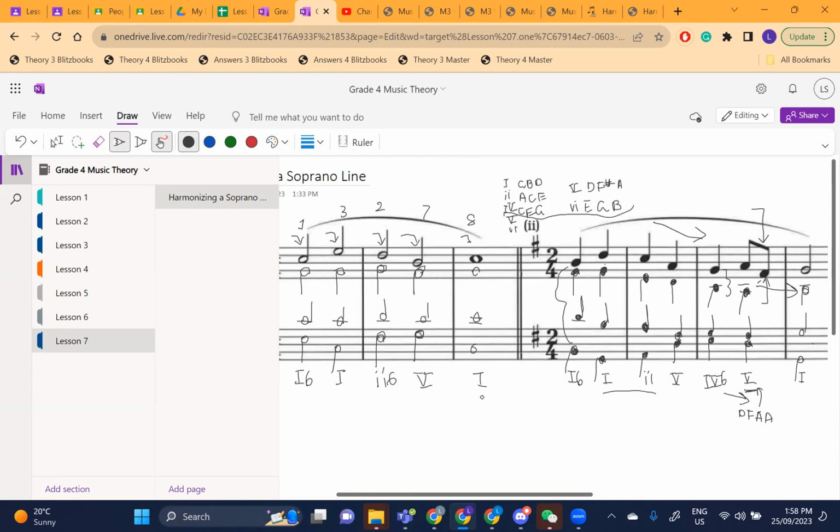Why can't you have consecutive fifths and octaves? Consecutive fifths don't have tonality. It sounds horrible because you don't hear the third of the chord, which tells you whether it's a major or minor triad. Instead, you hear the fifths.